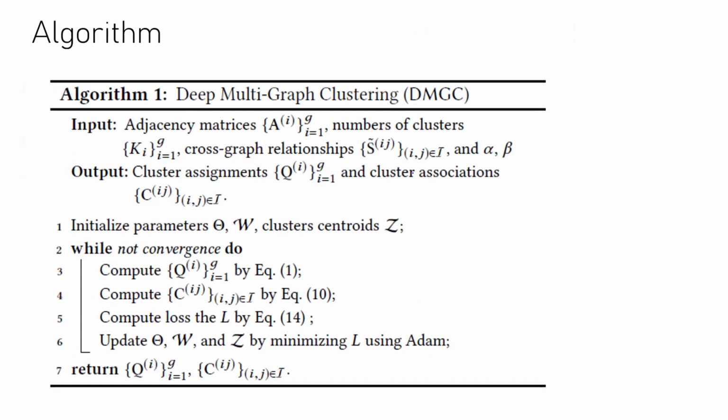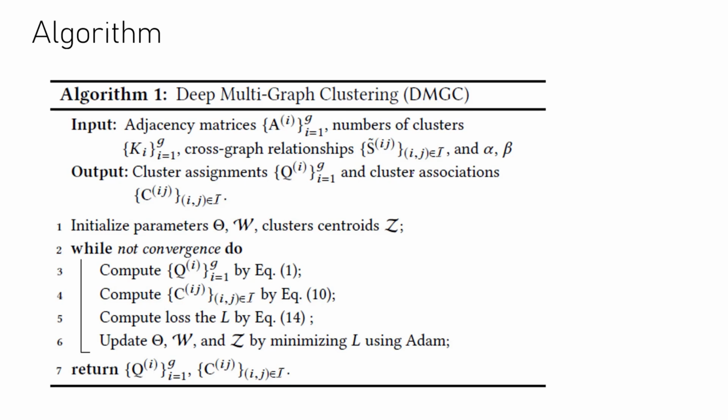Furthermore, this is the algorithm from the deep multi-graph clustering, DMGC style. In the inputs, we have the adjacency matrices, number of clusters, cross-graph relationships if they exist, and alpha and beta. The output is cluster assignments and cluster associations. We initialize theta, W, and the cluster centroids Z, and we go ahead while non-convergence.